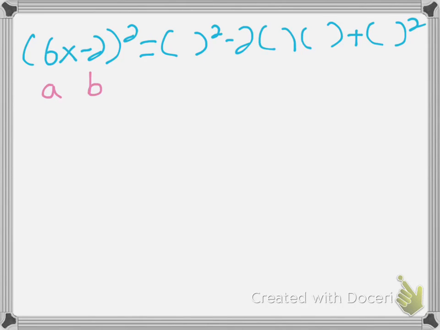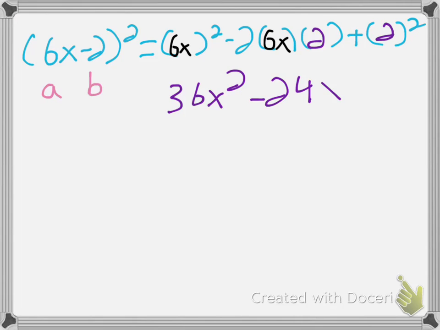So 6x, 6x, 2, 2. So let the structure do the work for you. I really feel math is about structure and letting, make things easy on yourself. 36x squared minus 24x plus 4. So it's really easy once you get the pattern.